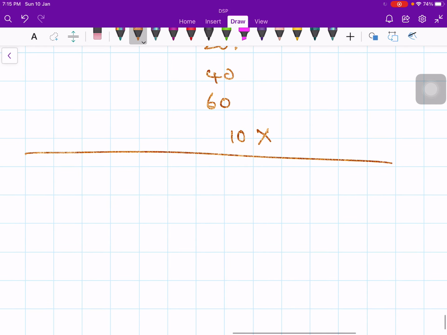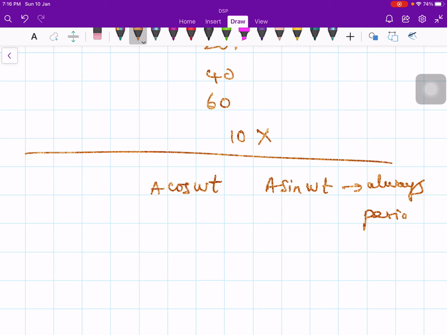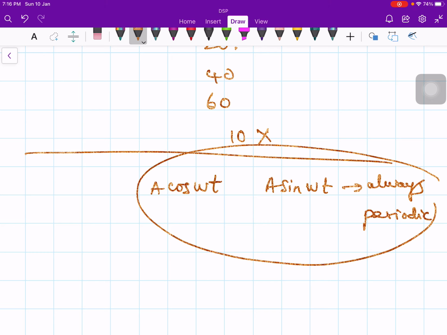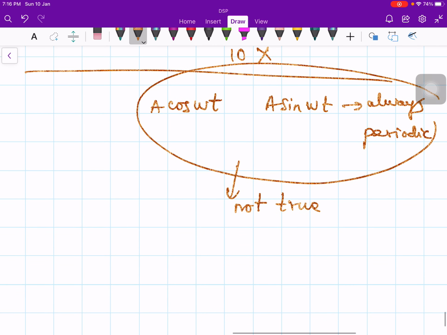Now we will show a little later that a cos omega t or a sin omega t is always periodic. It's a continuous time signal, but this statement is not true about a cos omega not n or a sin omega not n.